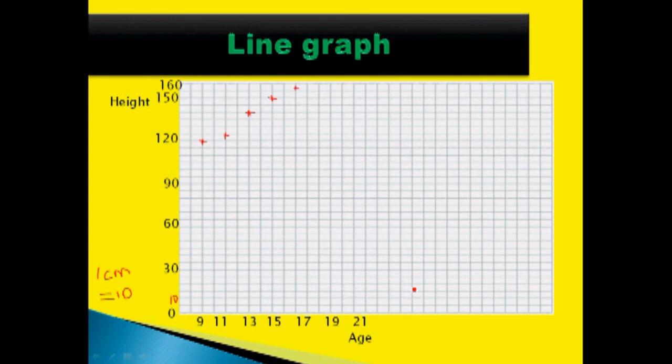Good. Then now, when she became 19, she was what now? 160 centimeters, all the way to the top, which is right here. And then she remained at 160 two years after, which will be right here. Good.